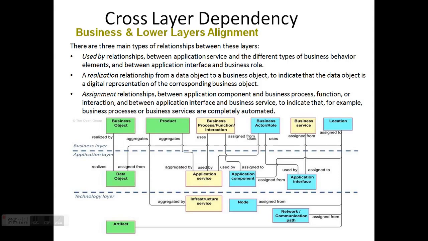The case that the business process, function, or interaction is not completely automated, but only supported by an application component, is expressed with the used by relationship.